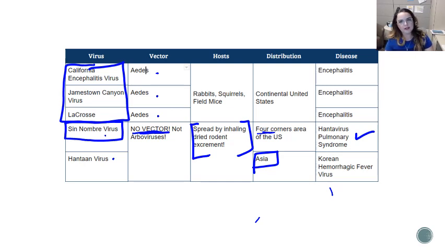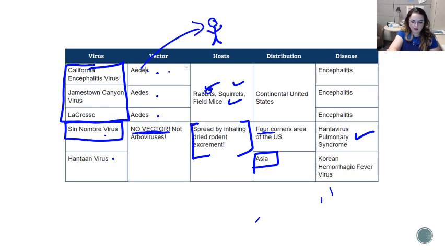Because we're in the United States, albopictus is more common, but aegypti is certainly starting to be a more common presence in our lives. They also have a normal reservoir in rabbits, squirrels, and field mice. So a mosquito could bite one of these animals and then bite you, and now you have been infected with one of these viruses.